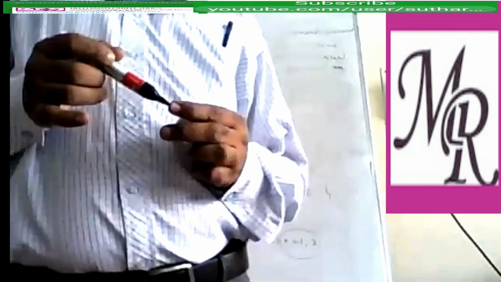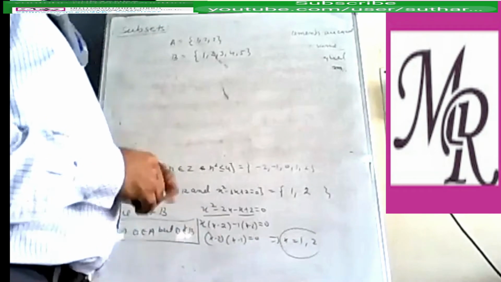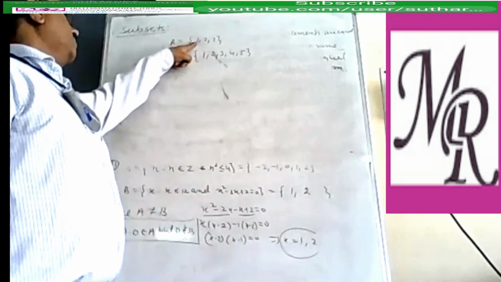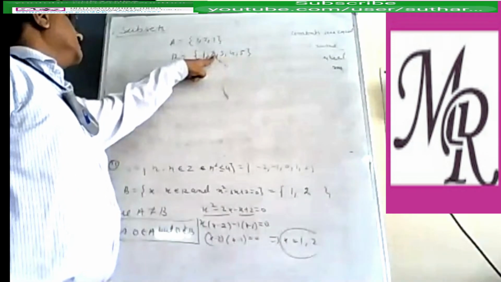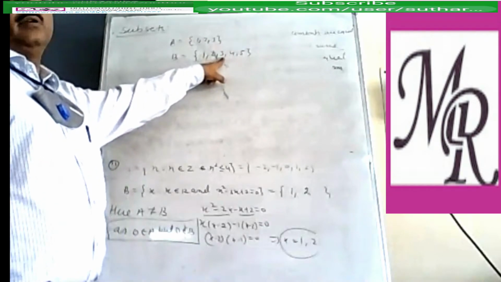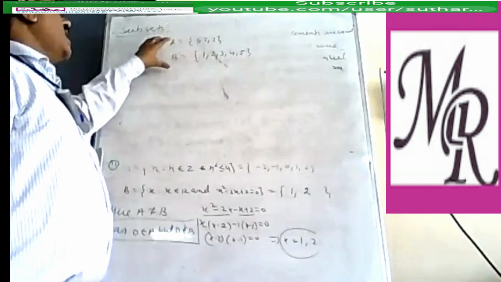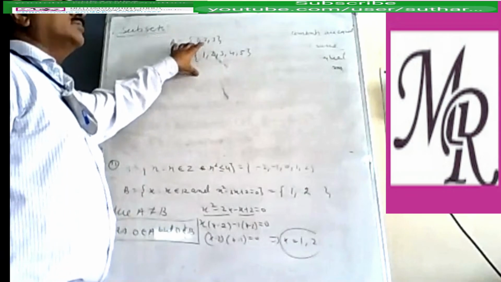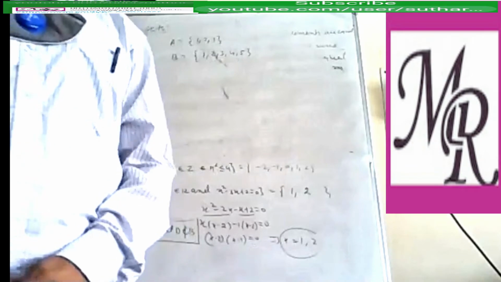Because every element of set A is also an element of set B. In set A, 1 is also an element of B, 2 is also an element of set B, 3 is also an element of set B. So every element of set A is also an element of set B. So we call A is a subset of B.